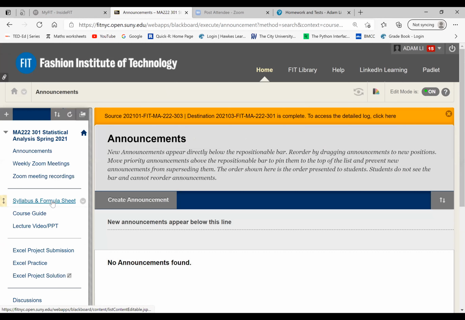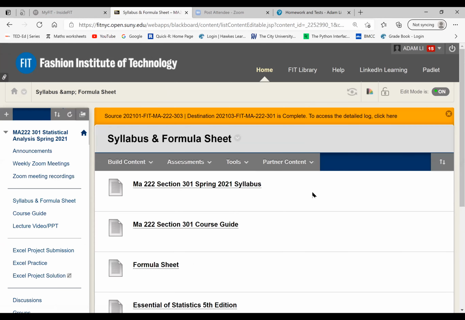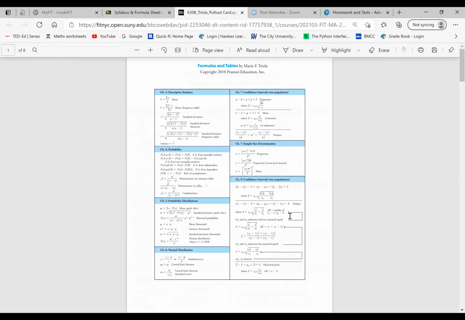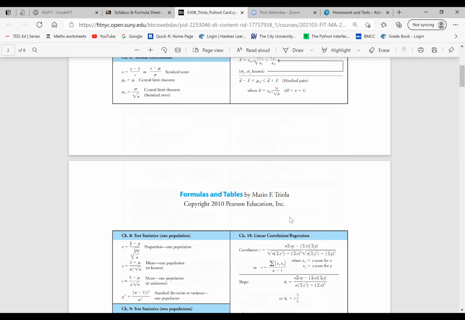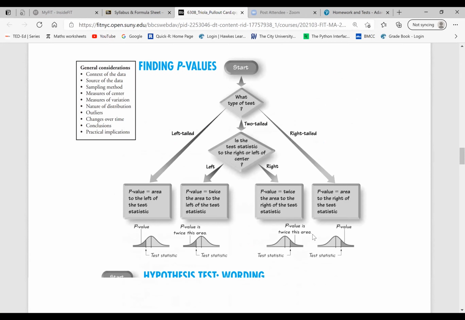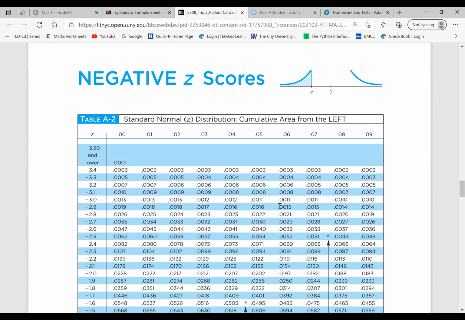We go all the way down, past all the formulas, and you see the tables. The first table you see will be table A3, I believe. Yeah, table A2.